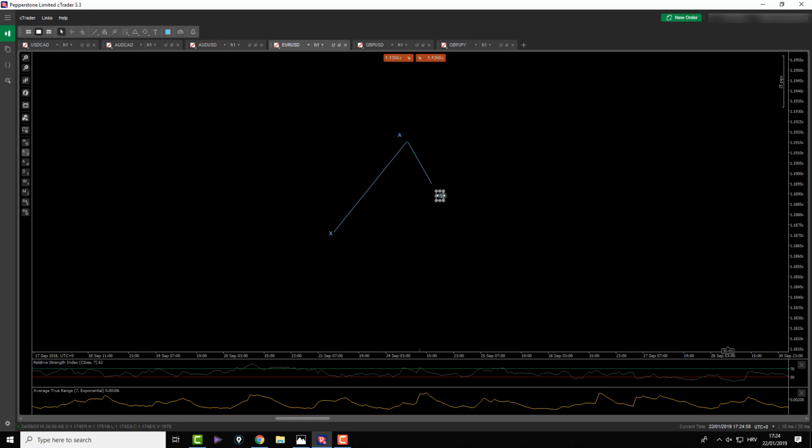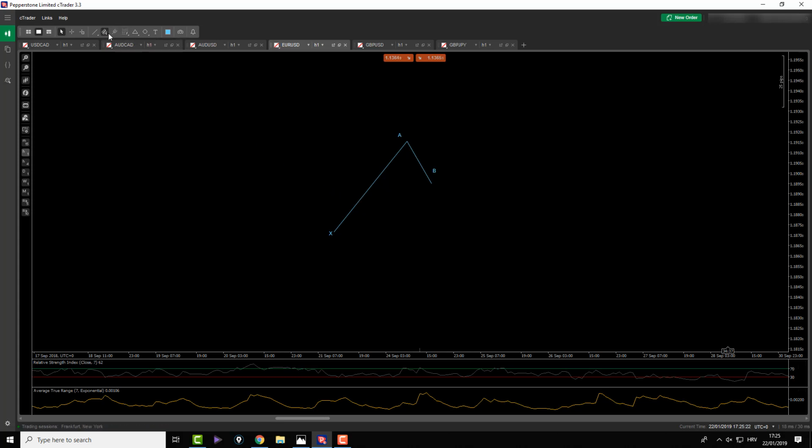In order for the B leg to be valid, we need to have what? The price at B point needs at least to touch the 50% retracement from X to A. Okay, 50% fib retracement, but it should not touch the 61.8 retracement.